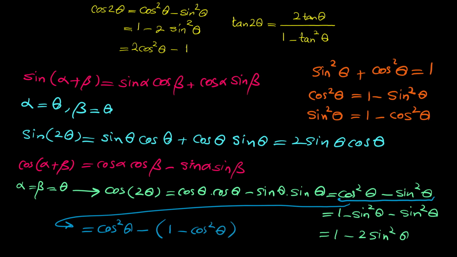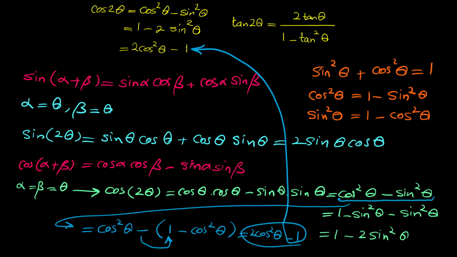Let's simplify this. Cosine squared minus cosine squared would be 2 cosine squared, because minus would be plus. So this equals 2 cosine squared theta minus 1. And this is the other formula that we have for cosine of 2 theta.